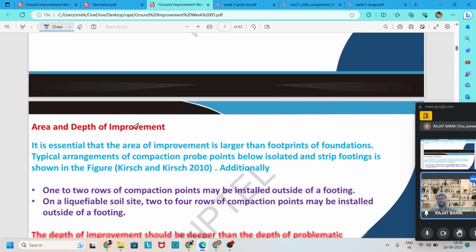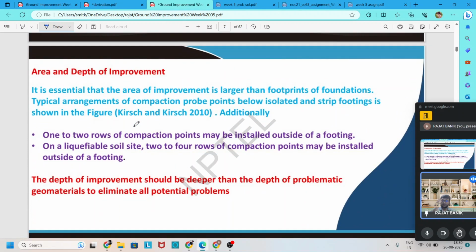Moving to the next slide, another design consideration is the area and depth of improvement. As already discussed in the previous ground improvement technique, the area of influence should be larger than the footprint of the foundation.